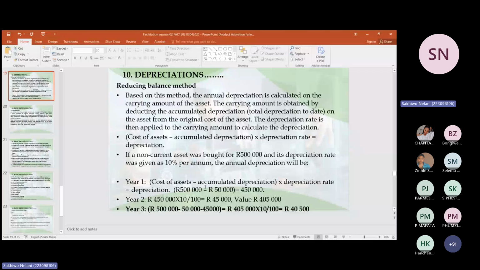But make sure that when you calculate year 5, you take into consideration the accumulated amount for year 1, year 2, year 3, year 4, and cluster like this. You'll add from here. But once you add, you must look at the cost now and take them out. Then will be the cost for year 4. Then you calculate your depreciation. But what is important, understand this word. It says accumulated. If it's accumulated, it's which year and which year and which year.